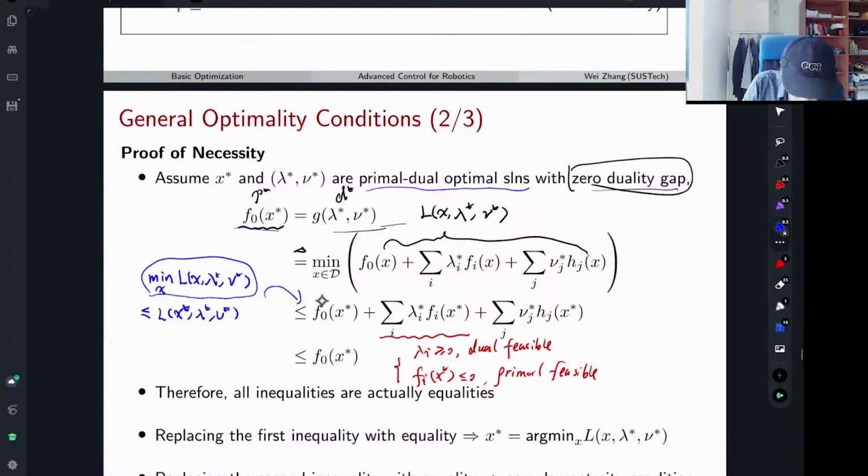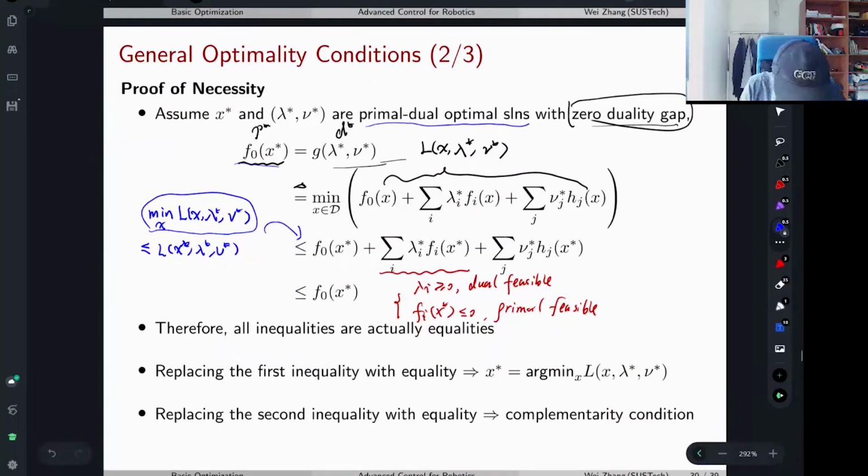So overall, all these inequalities have to be equalities in order for this to hold. There's no gap in each of these inequalities, otherwise you won't reach a less than or equal to a, right? Whatever inequality was introduced in between has to be an equality. Therefore, all inequalities are exactly equalities.